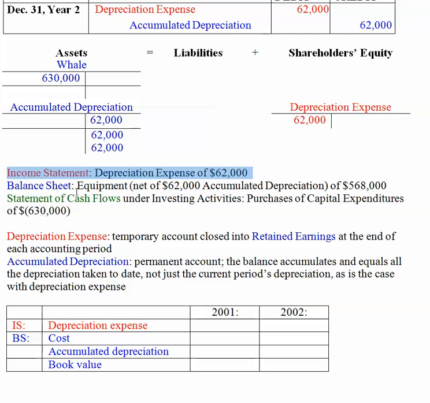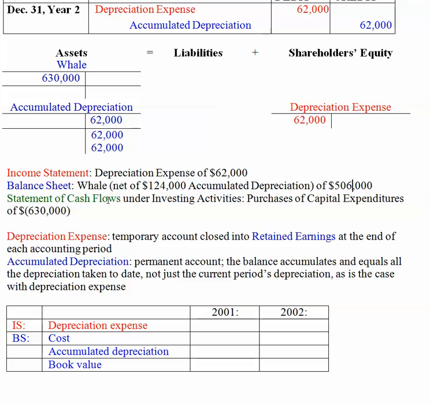The whale account will have an accumulated depreciation of now $124,000, so that your book value will go down by that 62 and will now become $506,000.